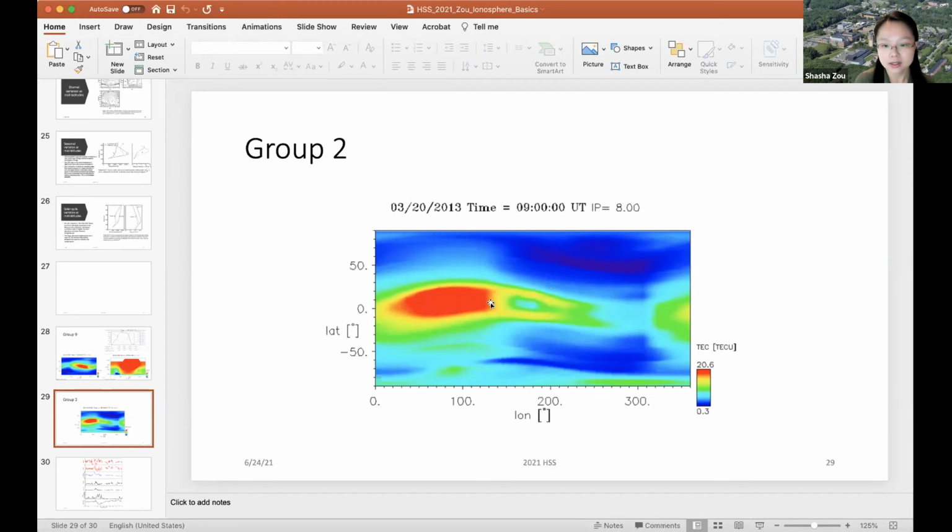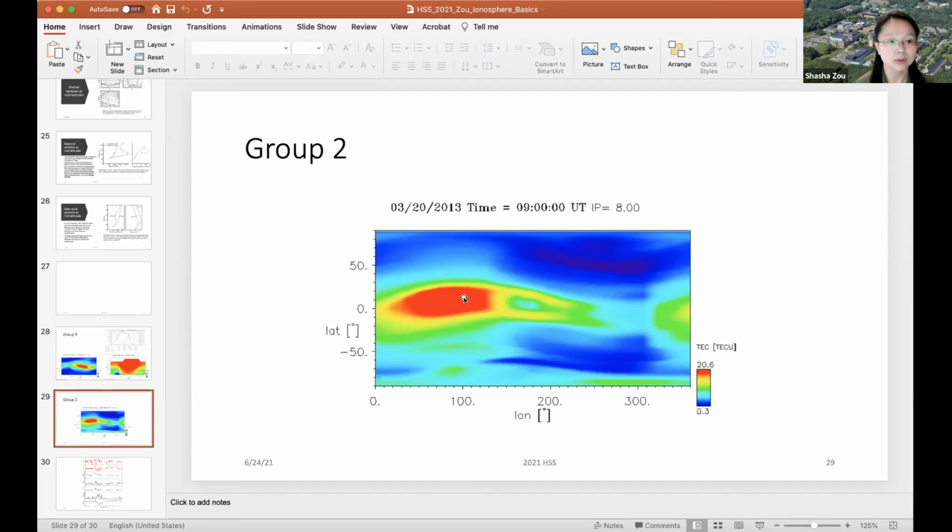And another possible reason, I say possible because I'm not familiar with the CTIPe model, and I don't know whether the equatorial plasma dynamo is included in the model. So in the real ionosphere, there is also what we call an F-region dynamo process happening beyond the terminator.